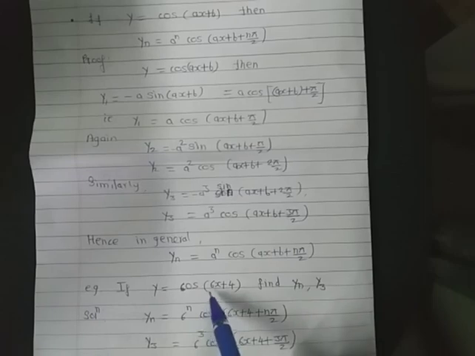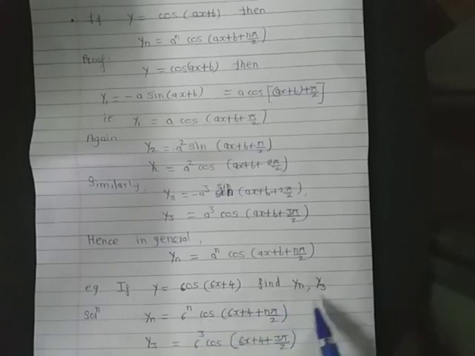Here a is 6, 6 raised to n cos of 6x plus 4 plus n pi by 2. And y3 equal to 6 raised to 3 cos of 6x plus 4 plus 3 pi by 2, n is here 3. Thank you.